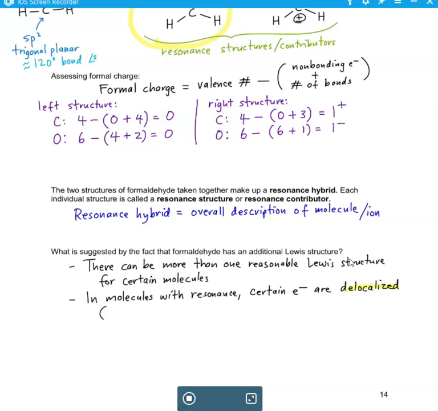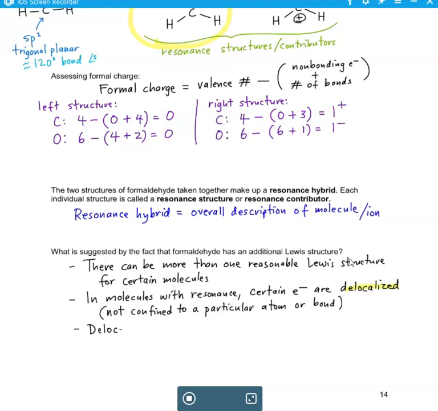Delocalized, when we refer to electrons using that term, means that those electrons are not confined to a particular atom or just one bond. Instead, they're spread out over multiple bonds and multiple atoms.